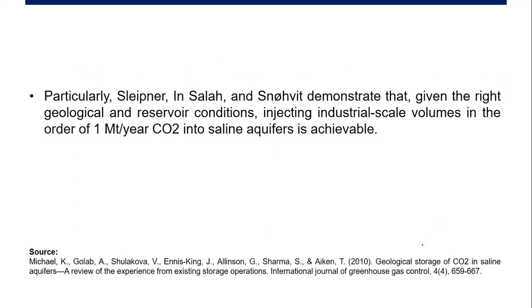And the last thing: particularly Sleipner, In Salah, and Snøhvit demonstrate that given the right geological and reservoir conditions, injecting industrial scale volumes, in the order of 1 million tons per year of CO2, into saline aquifers is achievable. So at least from these three big examples, Sleipner, In Salah, and Snøhvit, we can be sure that it's proven.